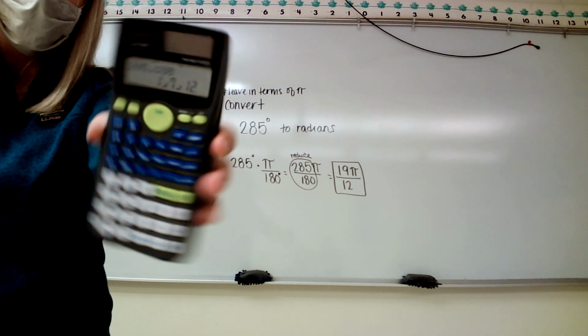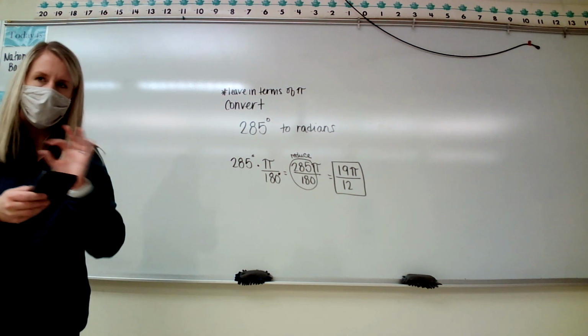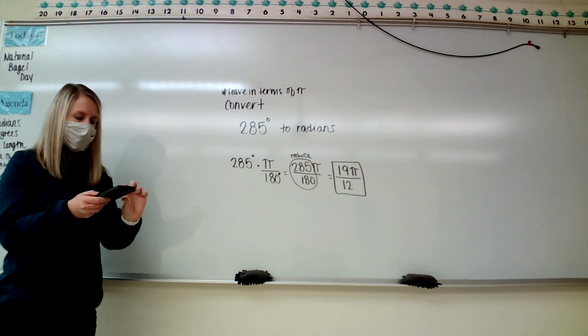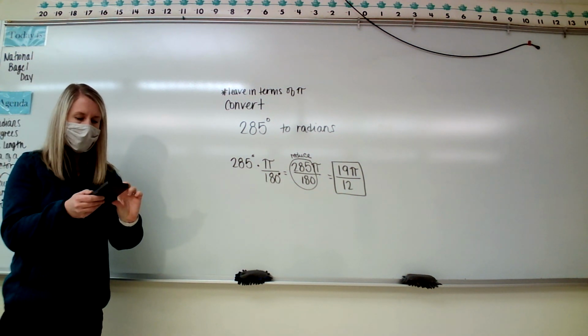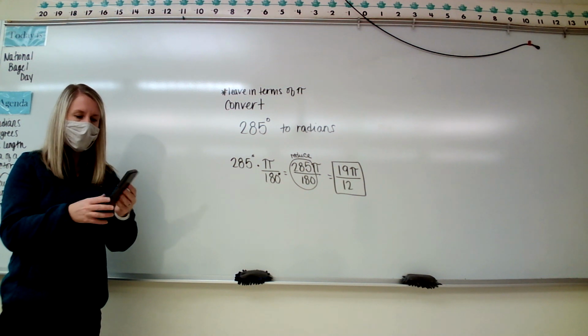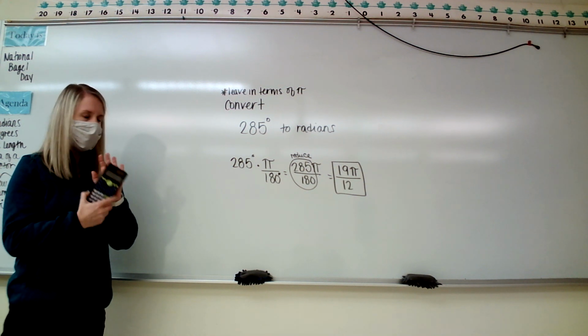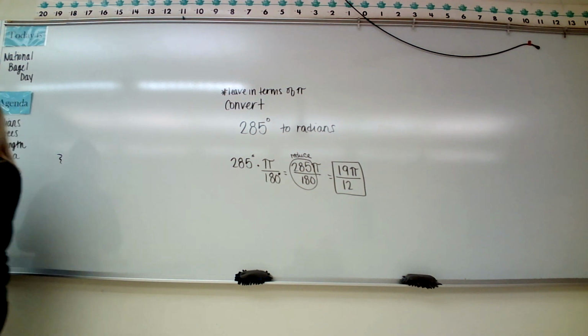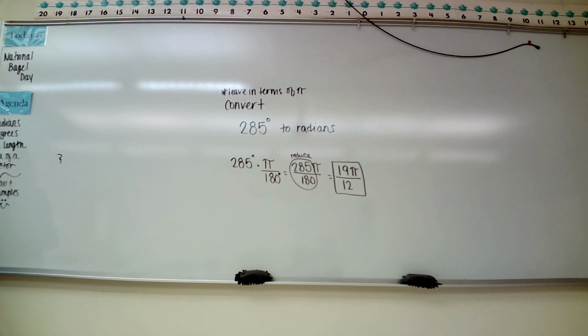If you get that, I don't want mixed numbers. I want improper fractions. If you hit shift or second and then hit that fraction button again, it should convert it for you. So if you're having calculator troubles, let me know. But I do want it in that form, just as a heads up.